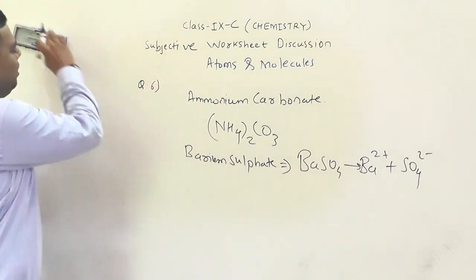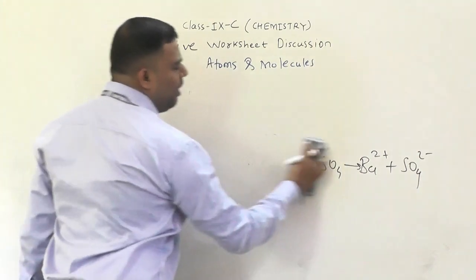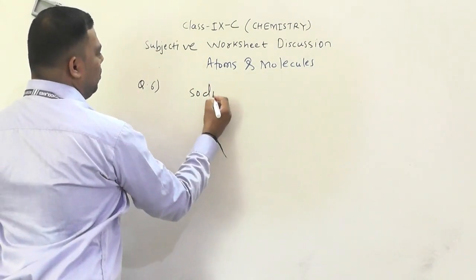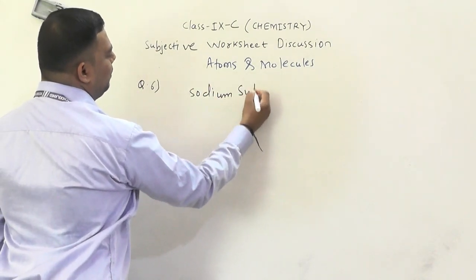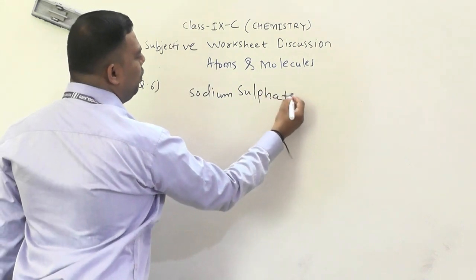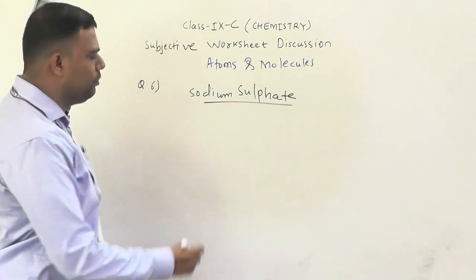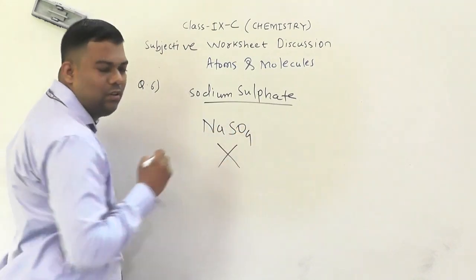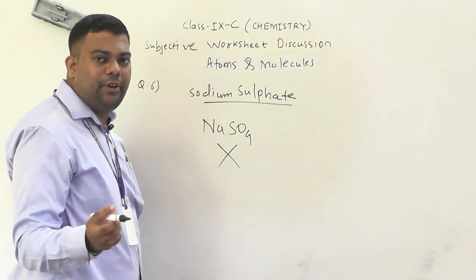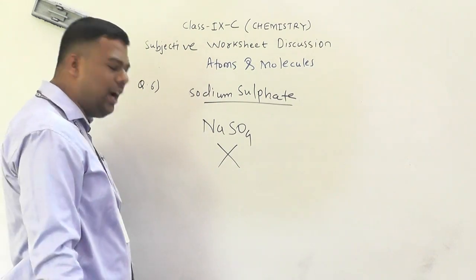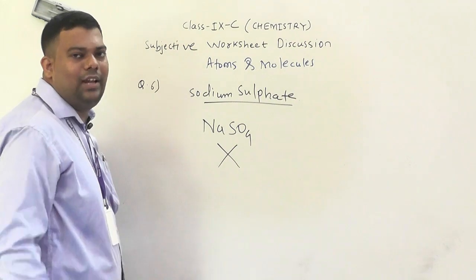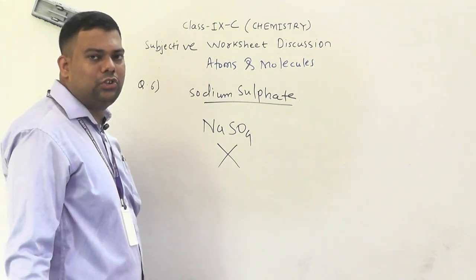So many students are confused in this formula, that is sodium sulfate. In sodium sulfate, some students write it like this, NaSO4, but it is wrong. We have to see the valency also, along with the actual cation and anion formulas. That is also important.